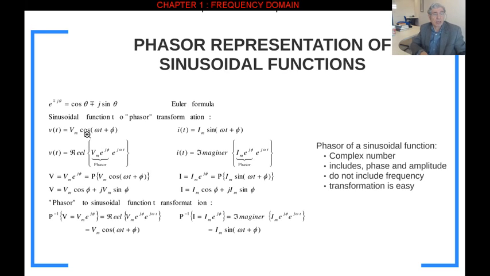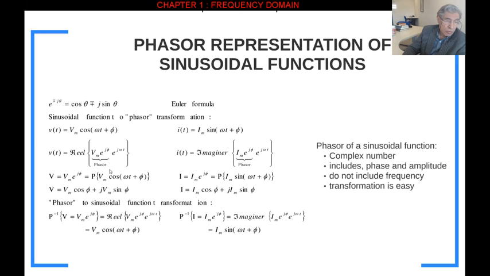So what we have done here is say we can represent this function by using the Euler formula in this form. Inside here we have the omega term, the exponential term, and another complex number here, which carries only the amplitude and the phase of this signal.